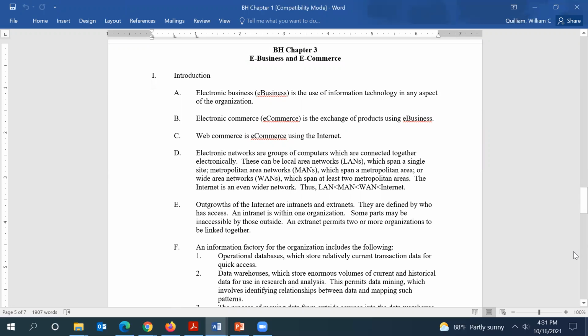So both are acceptable ways of writing these. So e-business, use of information technology in any aspect of the organization, but then e-commerce is the exchange of products using e-business. So selling products. And C, web commerce is e-commerce using the internet. We're all familiar with that.